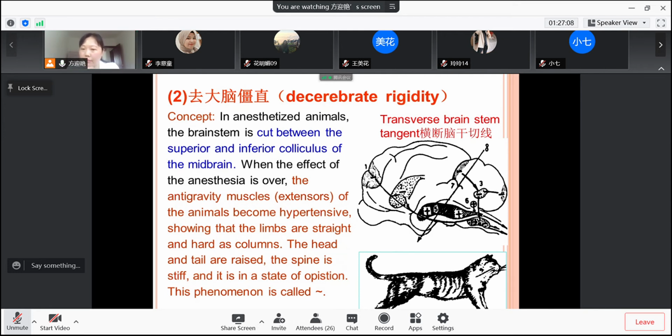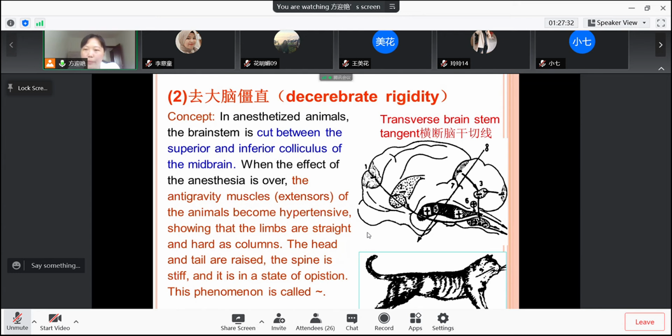According to this animal model, we can study the brainstem's function in regulating movement.